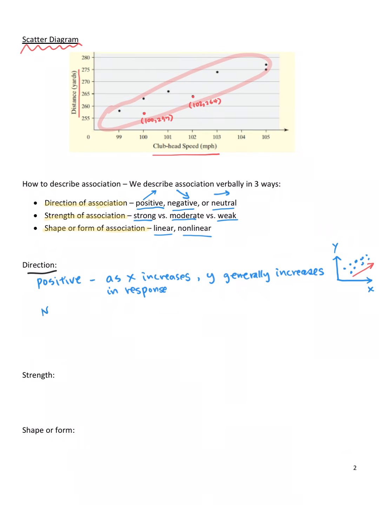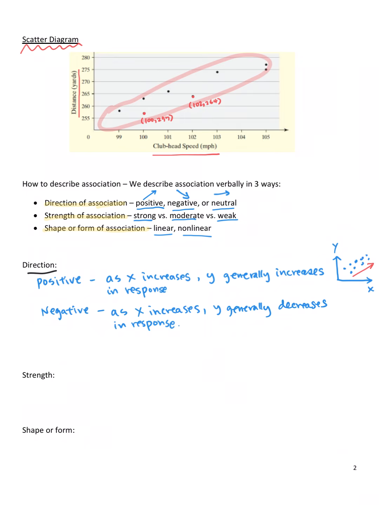Now, if we have a negative direction of association, then as the value of x increases, the value of y generally decreases with it in response. So as x increases, y generally decreases in response.